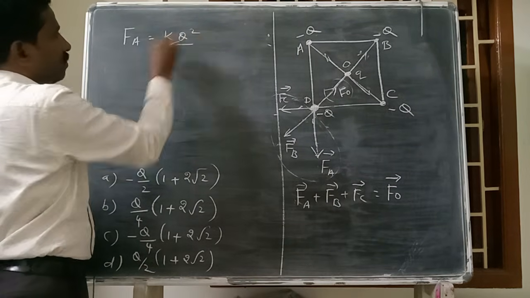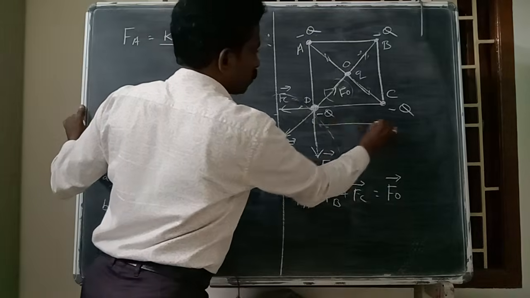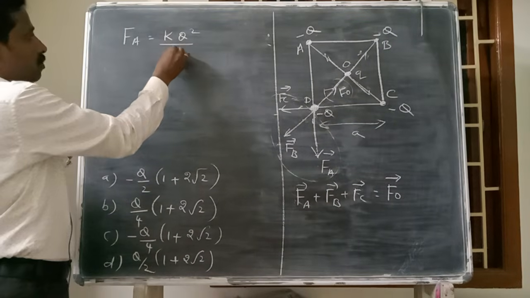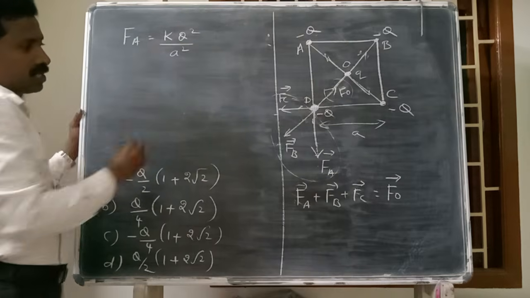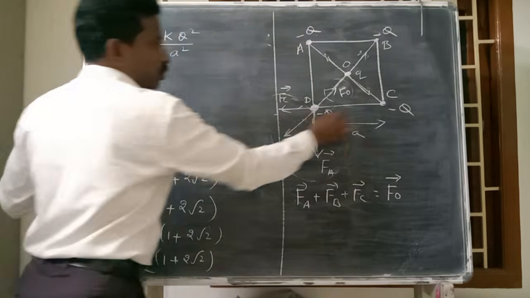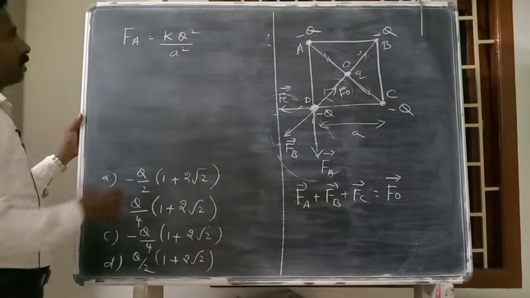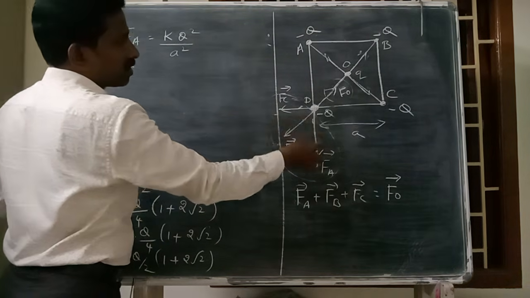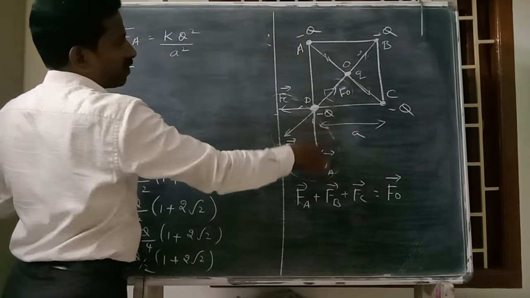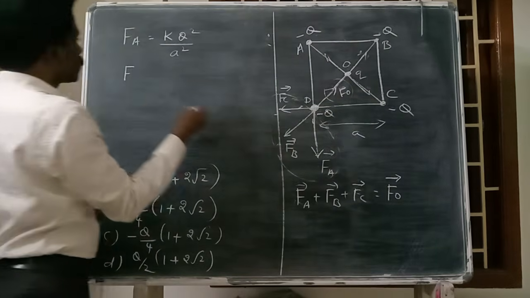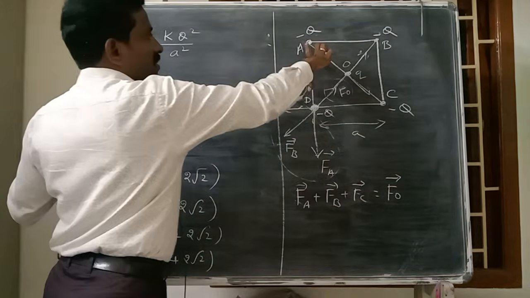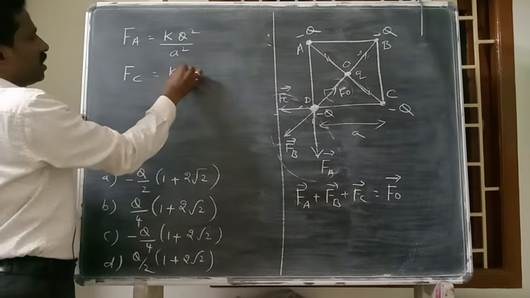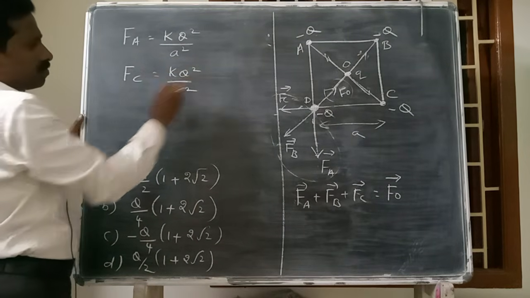So Q squared by, what is the distance? Let us assume each side of the square is A. So instead of R squared, we put A squared, the distance between these 2 charges according to Coulomb's inverse square law. Similarly, FC also has the same value, K Q squared by A squared.